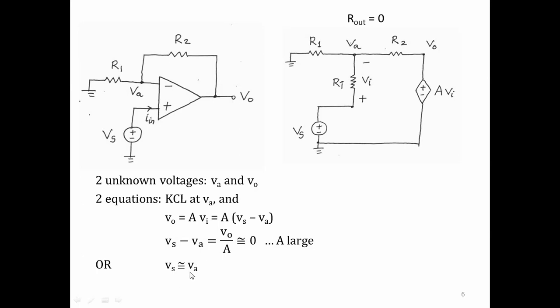The primary point of these equations is that we have two equations, two unknowns, Va and Vo.